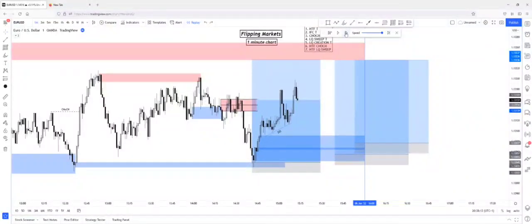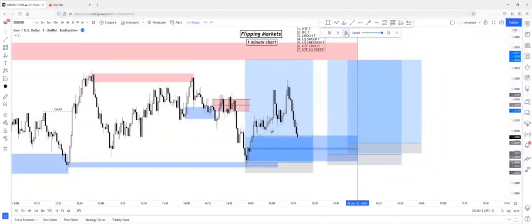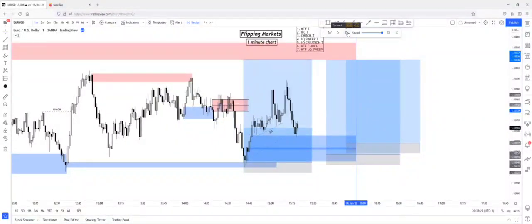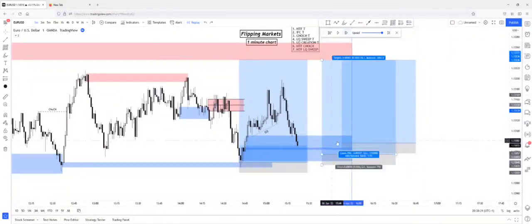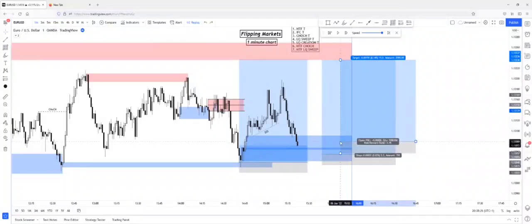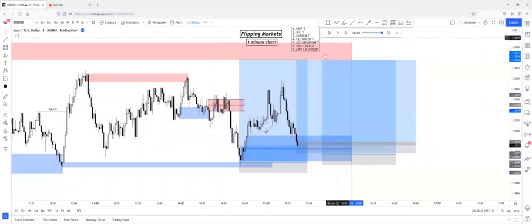We've got 2 pending orders. Price is coming down to grab the liquidity, reacted on that zone, as you can see, and tagged us into that zone. Okay, we are tagged in.